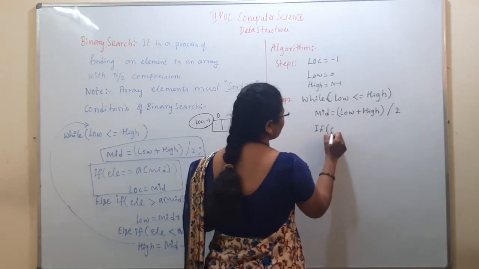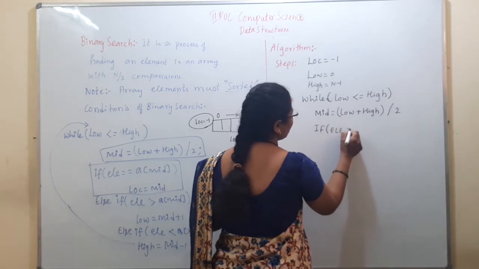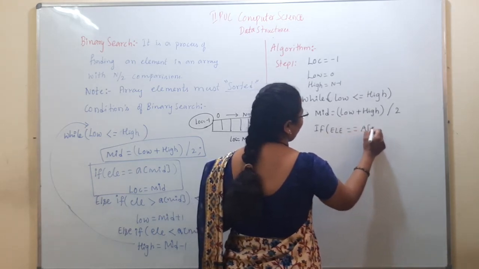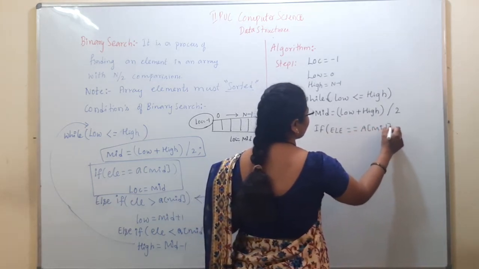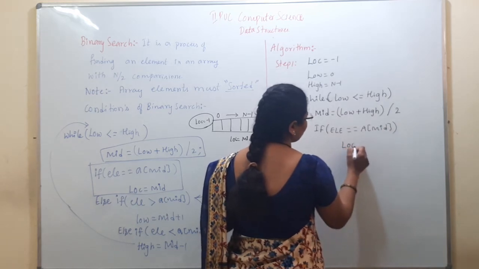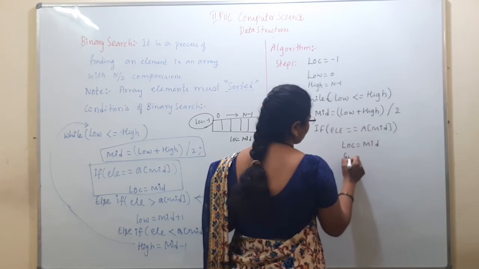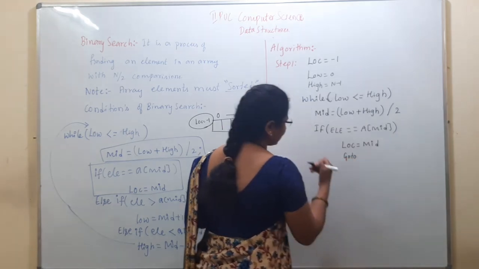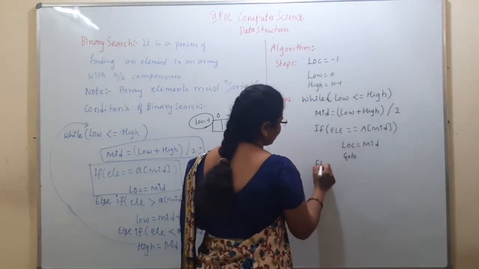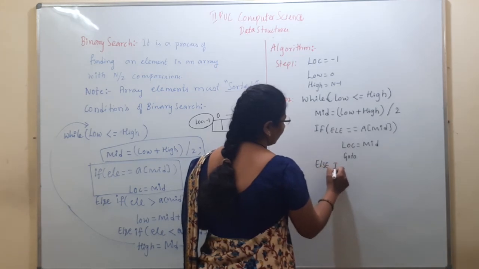If the searching element is equal to A of mid, then location will be changed to the mid value. Then stop, go to the next step. Suppose the condition is false, again we need to check.